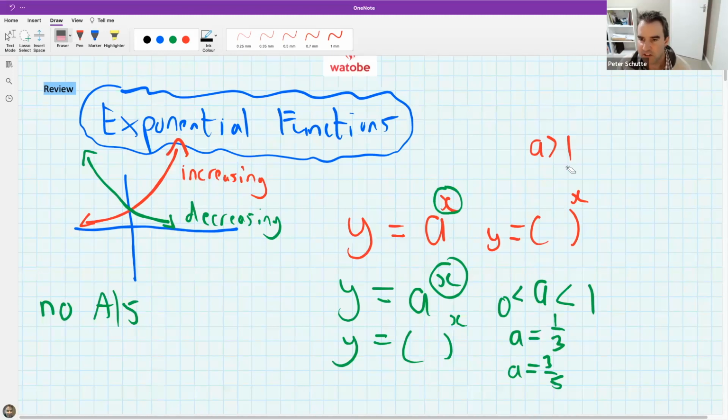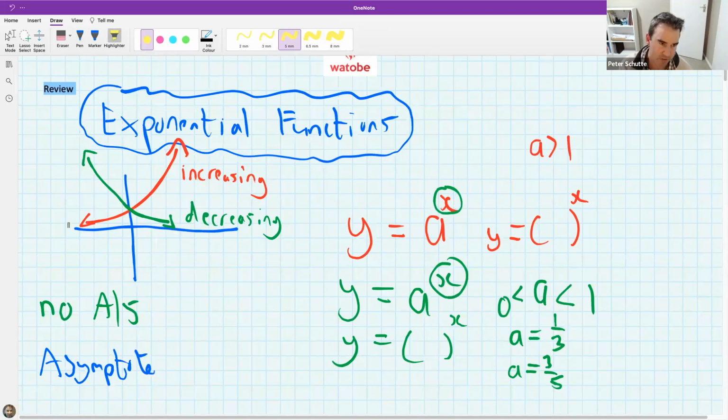Is this the one that has an asymptote? It is the one that has an asymptote. Yes, well done, Kawana. So there's no axis of symmetry, but there is an asymptote. And in the most basic exponential function, the asymptote sits on the x-axis. That's why these graphs don't cut the x-axis. There's no x-intercept.